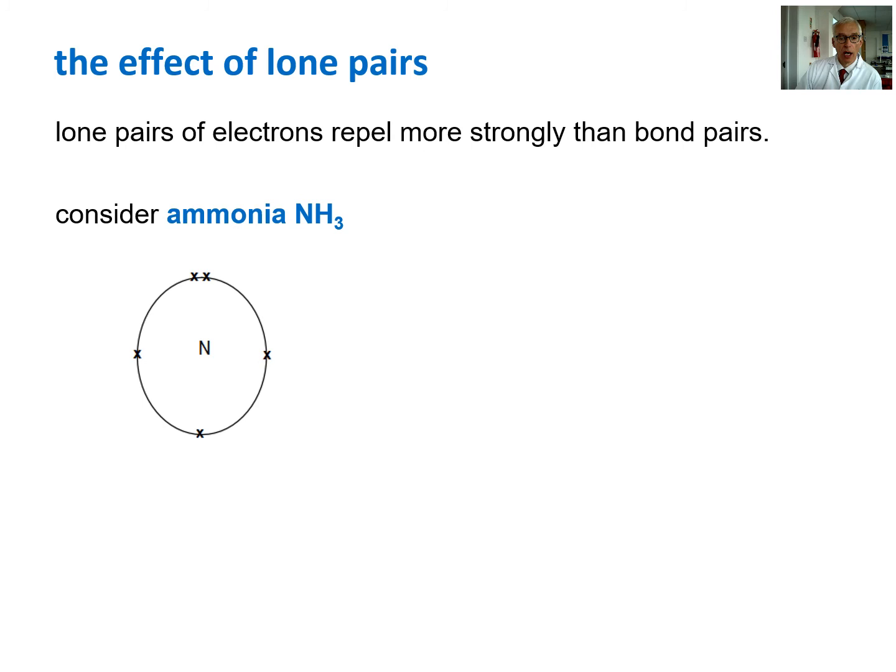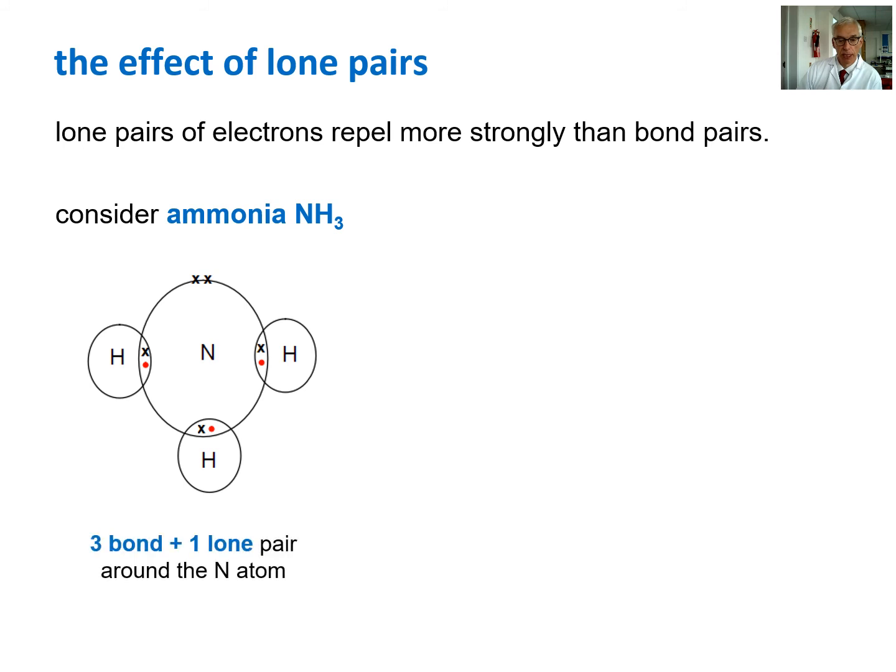So nitrogen, as we know, has 5 electrons in the outer shell. We have a pair and 3 unpaired electrons. So the dot and cross diagram for ammonia looks like so. So we've got 3 bond pairs and 1 lone pair around that central nitrogen atom.